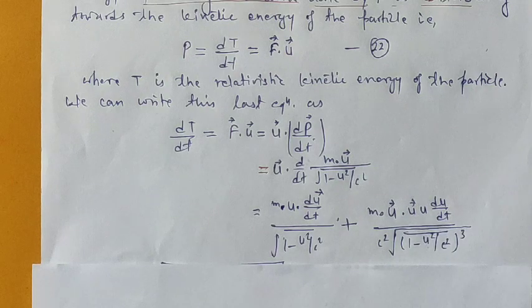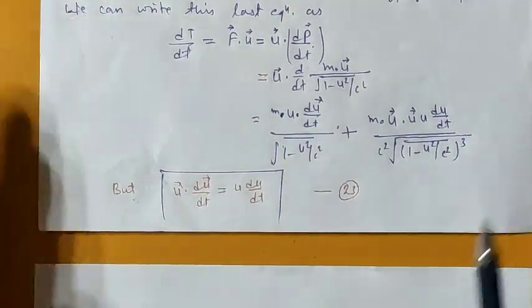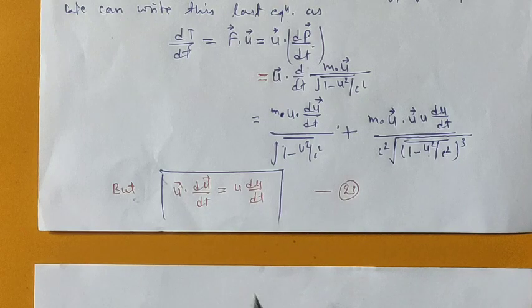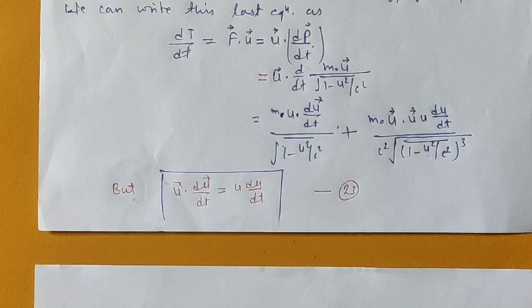Finally you have this relation. But u dot du by dt is equal to u du by dt, since both are the time derivative of the velocity and the velocity have the same direction, so I can simply write u du by dt.